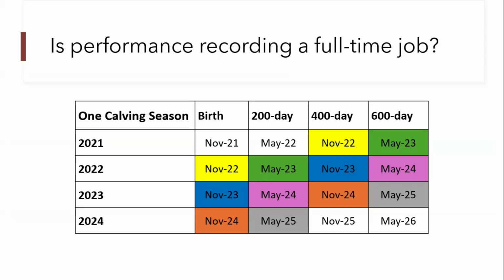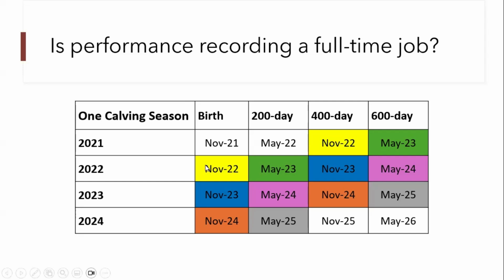So for example, if you have one calving season and your calves are born in November, those calves will be ready to be weighed for 200-day weights around about May the next year, and then a year later for 400-day weight, and a year and a half later for 600-day weight.